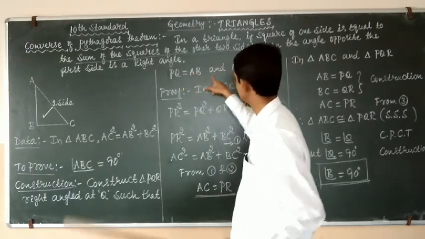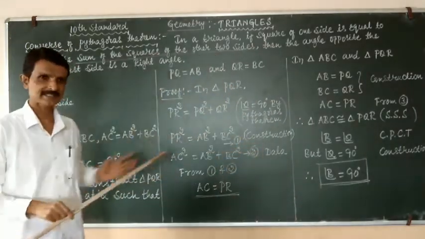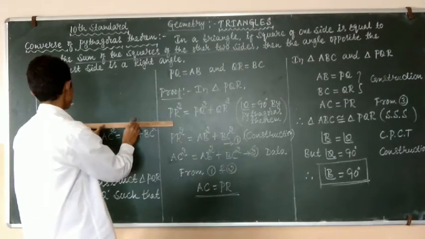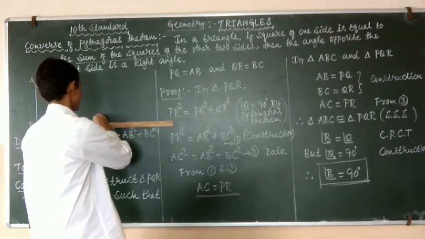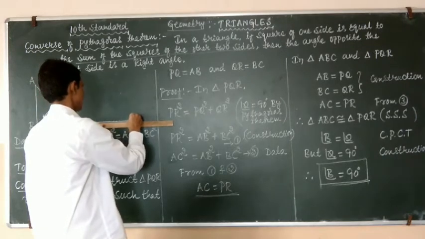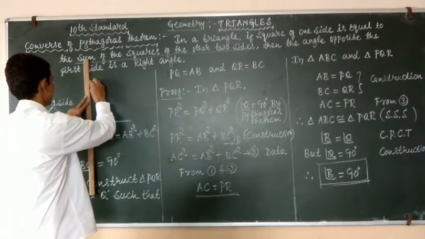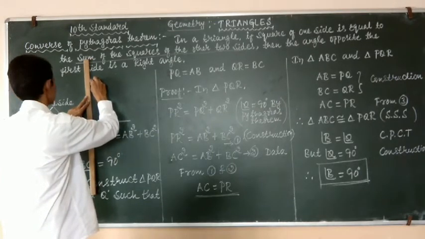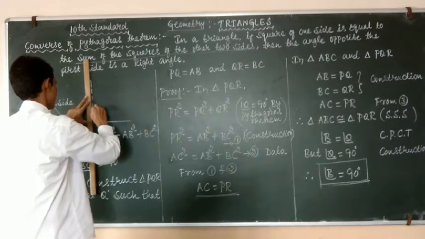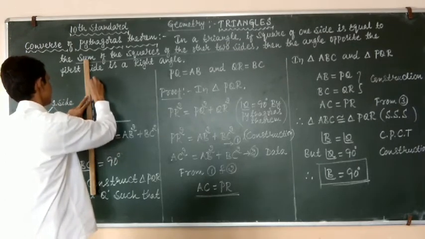The first triangle is not confirmed to be a right angle triangle, so in the construction we take another triangle, and it should be a right angle.